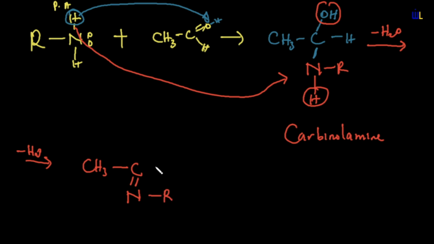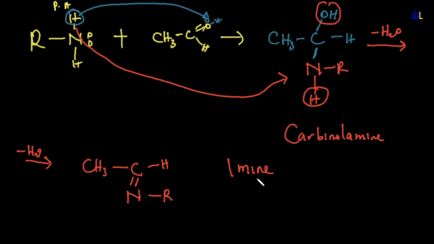So what you have is that you would have a product where there is a double bond formed between carbon and nitrogen. And when you have carbon forming a double bond with nitrogen, you will refer to this as an imine.